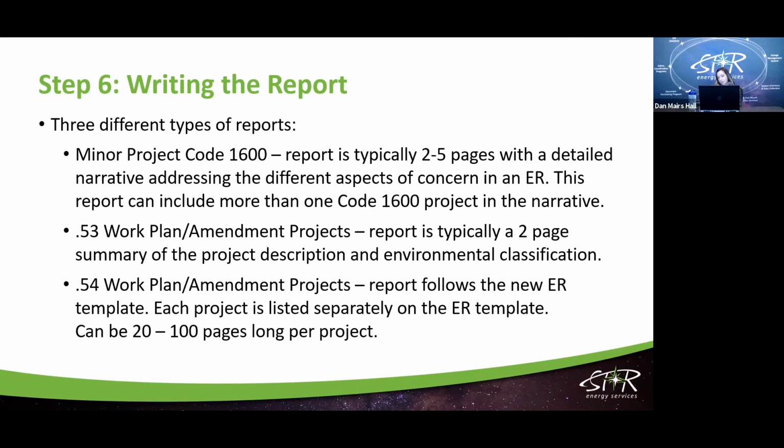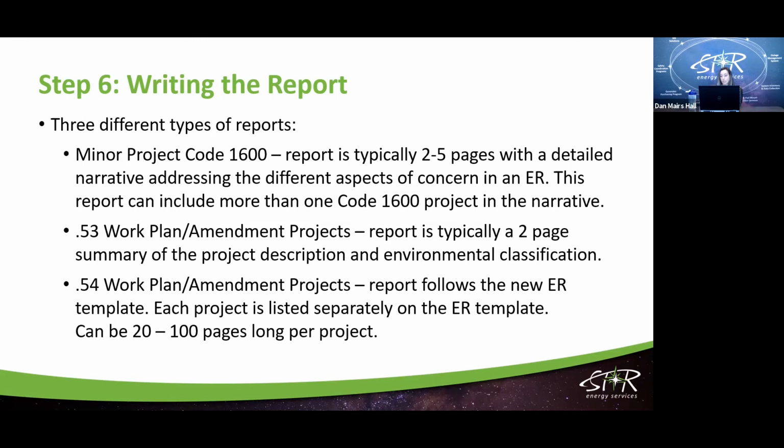The size of the report depends on if the work order would be classified as a .53 project or a .54. A .53 would just be a short, like 2-page summary of the project, just stating the project description and the environmental classification. Very, very brief document. It doesn't go into much detail. If it classifies as a .54 work order, the report gets a little bit longer because we still need to do all the research.